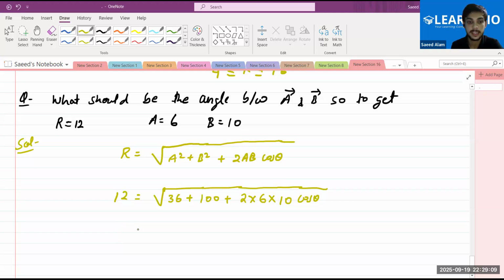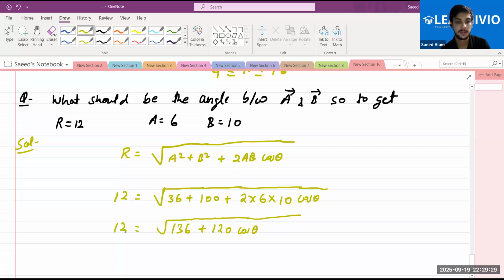Add. Okay, you are saying to add it, so I'll do as you say: 136. Yes or no? Yes. Will it be 120 cos theta, and this is 12. What next? Remove the root.